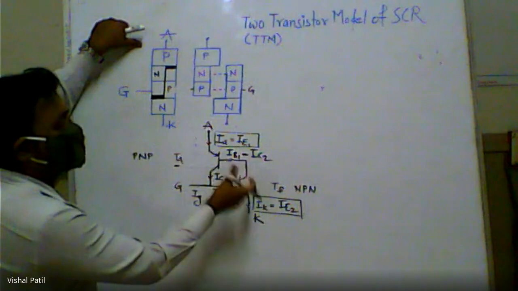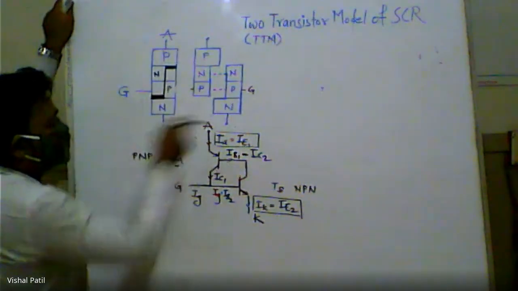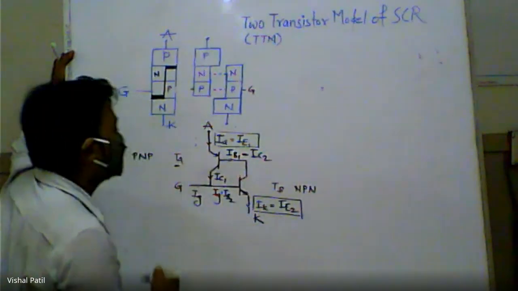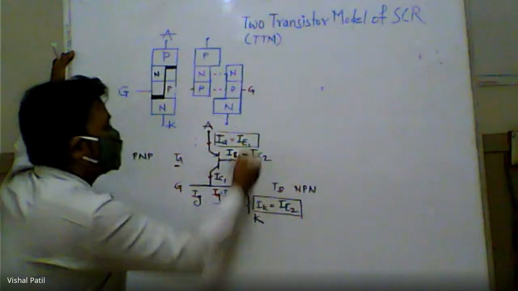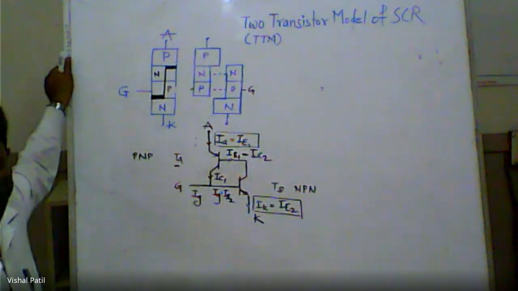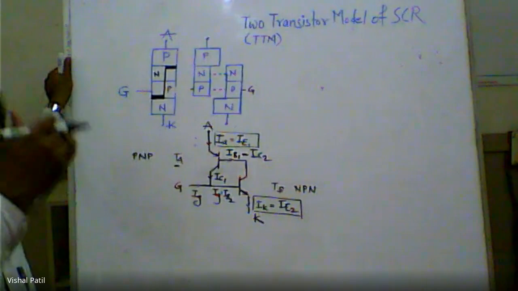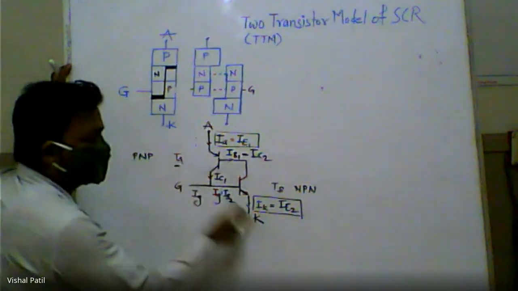How do these transistors contribute to the forward current of the device? The forward current is actually the anode current, which flows from anode to cathode. So in the traveling of that current, how are these two transistors contributing, or what is the correlation between the two transistors and the working current of the device?